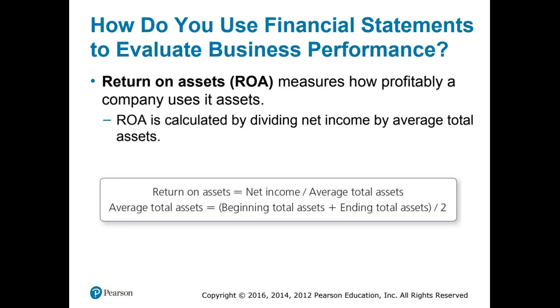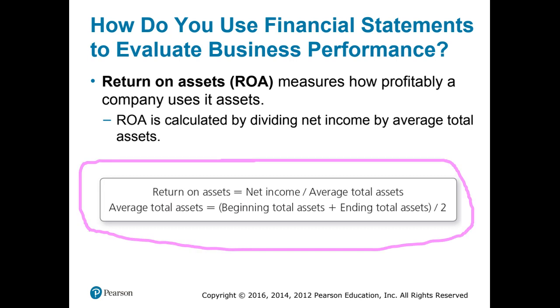So this is a good place to refer to the formulas. Write these down or something, slide 49. Return on assets equals our net income divided by our average total assets.